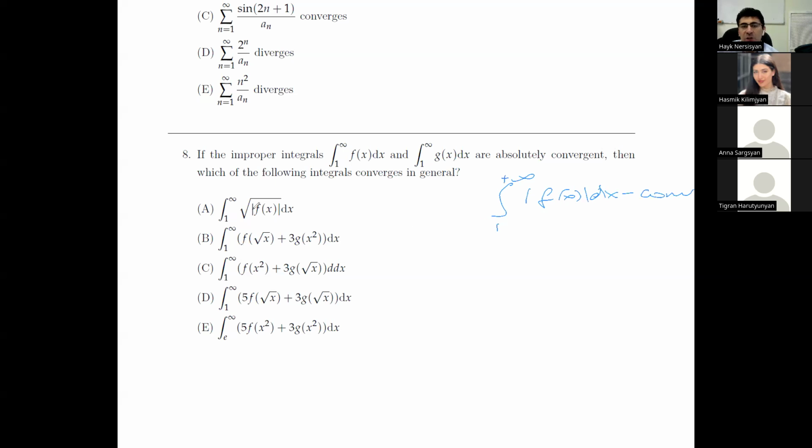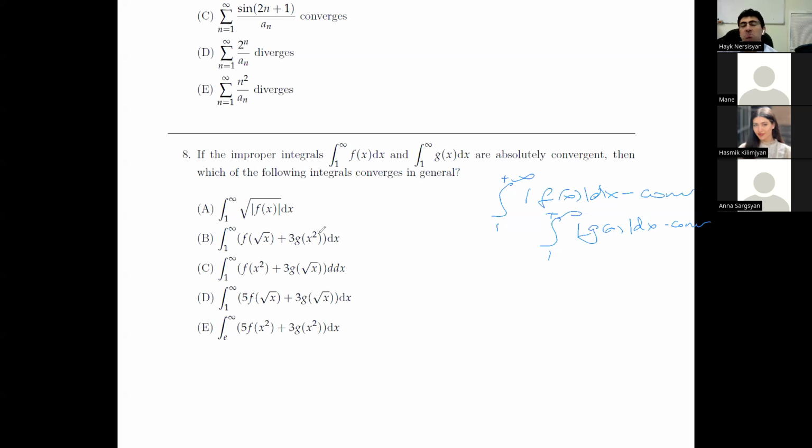Then what can we say about these remaining integrals? And also, yeah, we know that the convergence of modulus g(x) also holds. What can we say about the convergence of the remaining integrals?